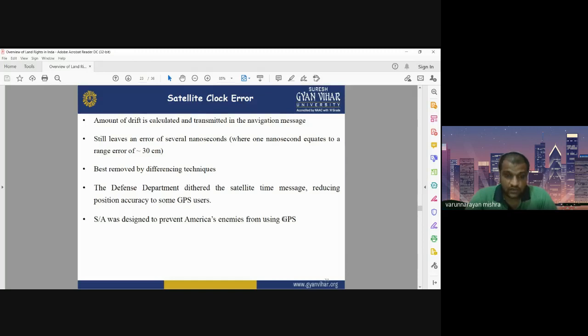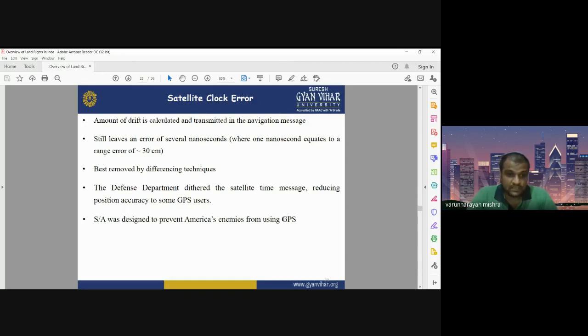Although we are using good quality clocks in our GPS receiver and atomic clocks in the GPS satellite, there may still be an error of several nanoseconds. So for avoiding this kind of error in the timing, we use the differencing technique.